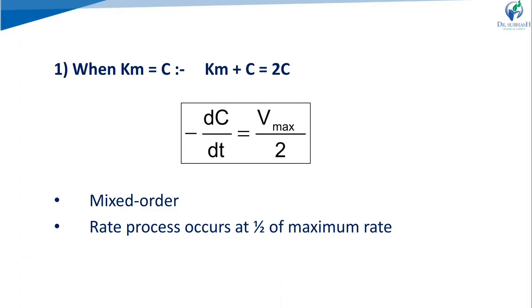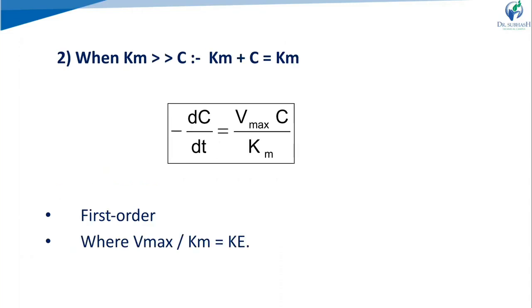So the rate of the process is equal to half of the maximum rate, Vmax by 2, and it follows mixed order kinetics.